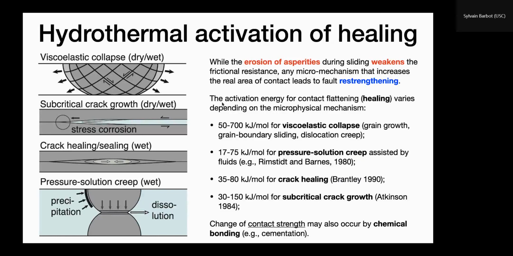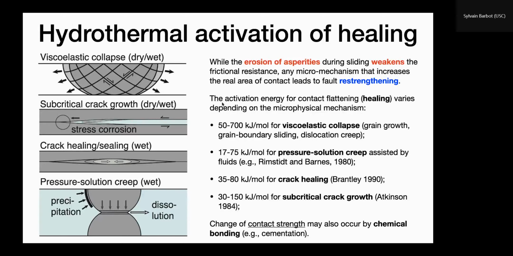The most universal mechanism of flow for these asperities is what I call viscoelastic collapse. It's simply viscoelastic flow of these asperities. But I add this term collapse because they just close. Okay, so it's fault perpendicular motion. You can also call it viscoelastic flattening.